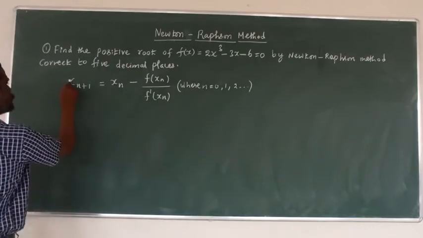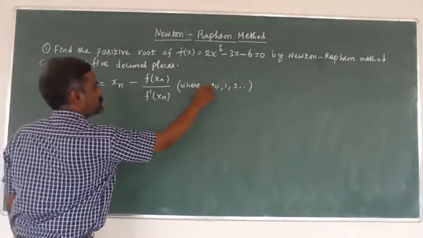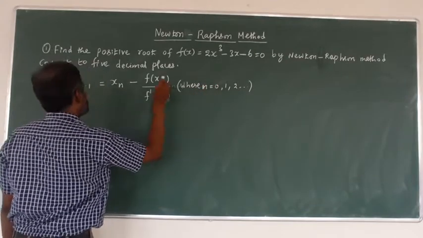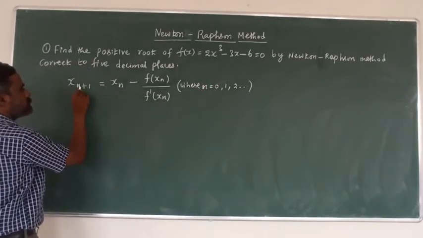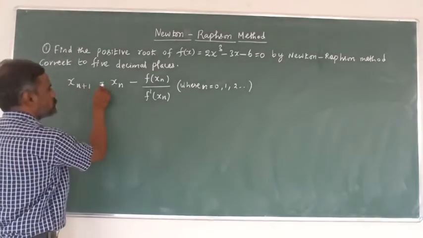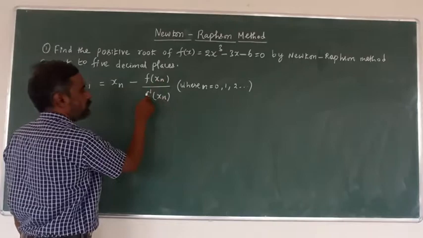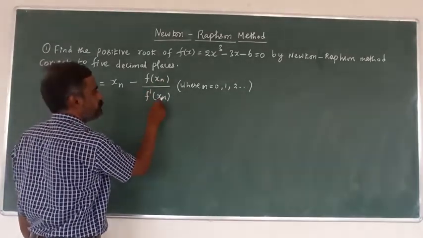Suppose for the 0 iteration, x1 equal to x0 minus f of x0 divided by f dash of x0.